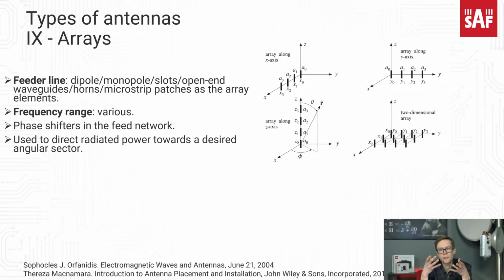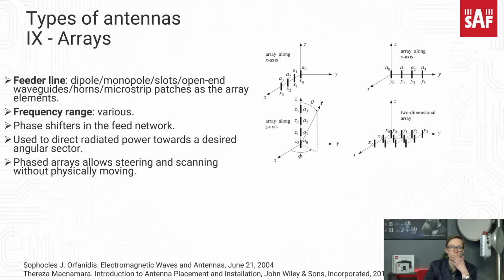So we can turn this antenna electrically by shifting the phase of the signal fed to each element in such a way that the resulting radiation pattern changes. So we are changing the direction without physically moving the antenna itself. And it can be beneficial for some radar applications, for surveillance, for example. So we use it for steering the antenna and scanning without physically moving it.